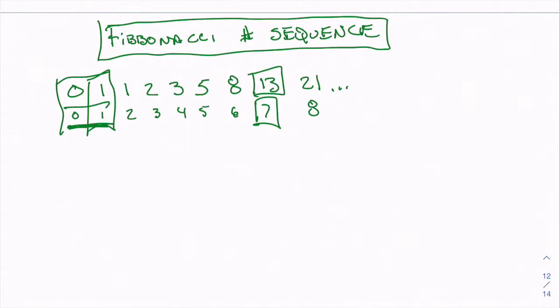Okay, so let's define our Fibonacci function as define, and I'll just call it fib. I don't want to spell Fibonacci. So fib, and we're going to give it a sequence number.